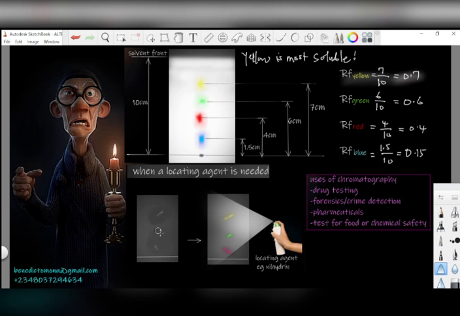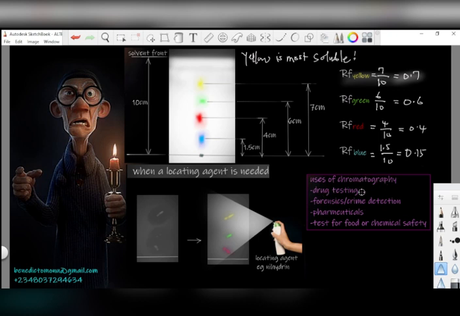That is why we use what we call a locating agent. We spray it on the chromatogram. A locating agent like ninhydrin will expose the colors for us to see. It allows us to see the colors that otherwise we were not able to see in the chromatogram.